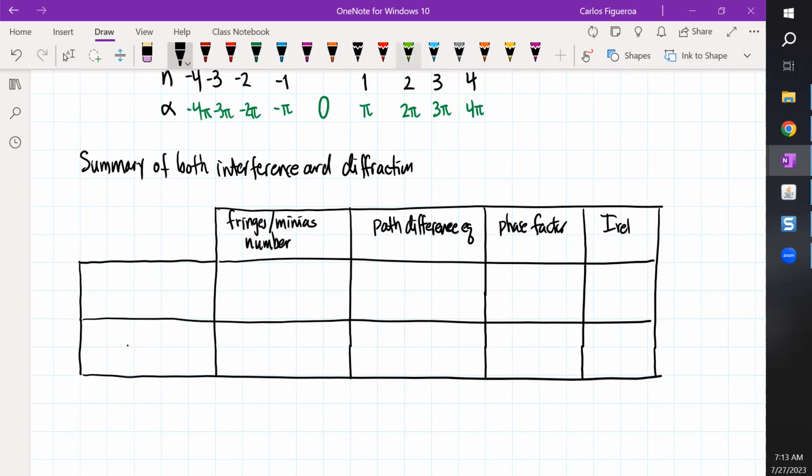So I'm going to color these to separate them. Actually, I think I'm going to do this in blue. So everywhere where we see blue, we're going to talk about interference.